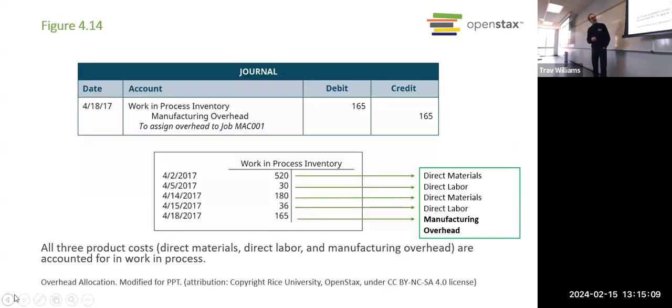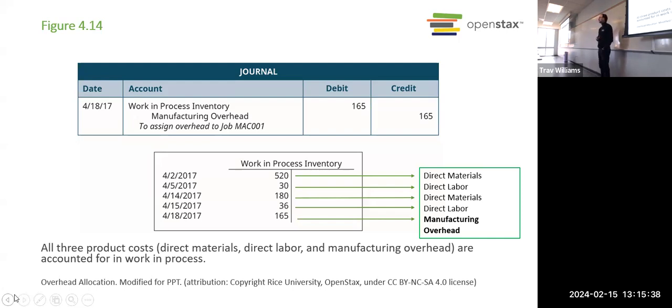And once you know how much overhead to apply, that comes out of the manufacturing overhead account, and it goes into work in process inventory. So now we have added some material costs, some labor costs, and some overhead. So we could now transfer all those costs to finished goods inventory, because that product is done.